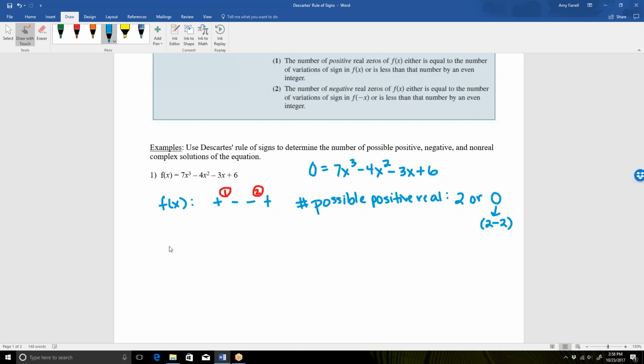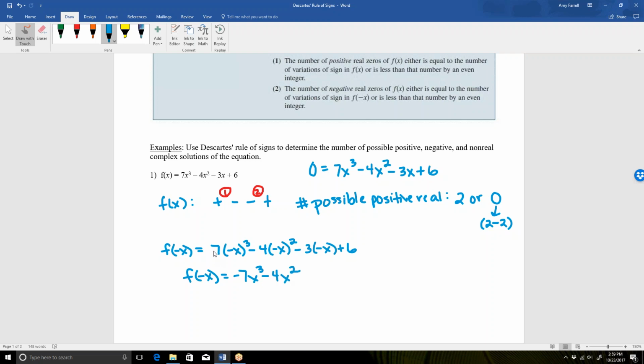Okay, next I need to find f of negative x. So I'm going to take negative x and plug it in for every x in the equation. So f of negative x is equal to negative 7x cubed minus 4x squared.